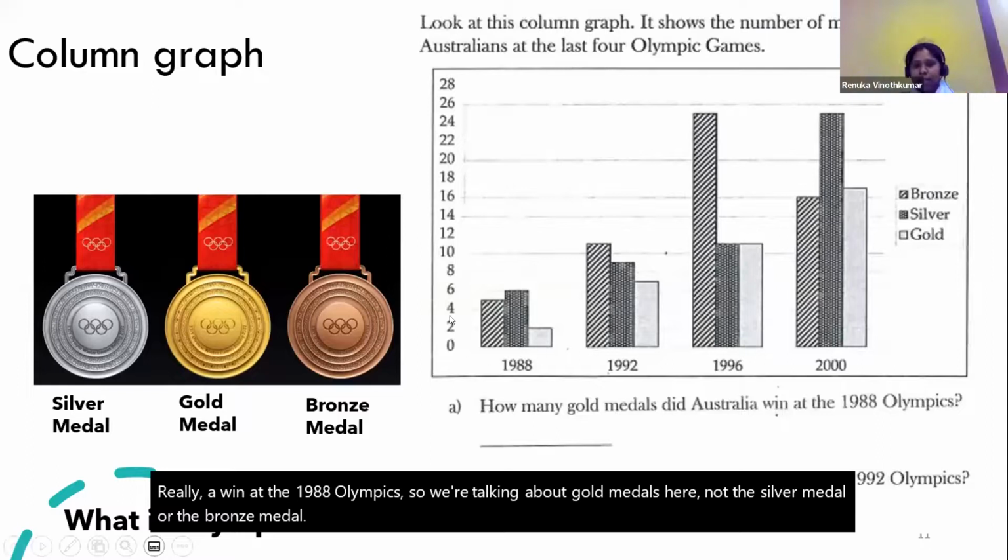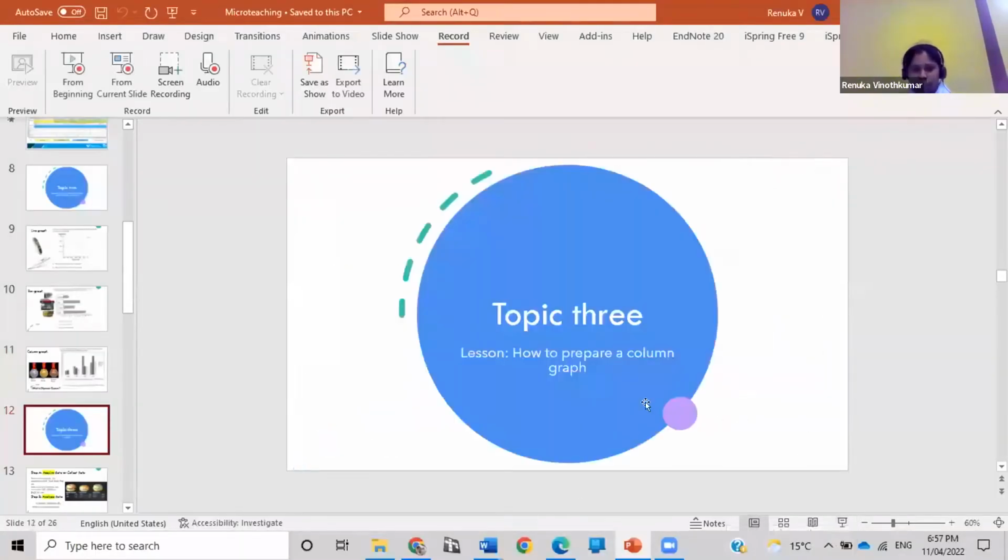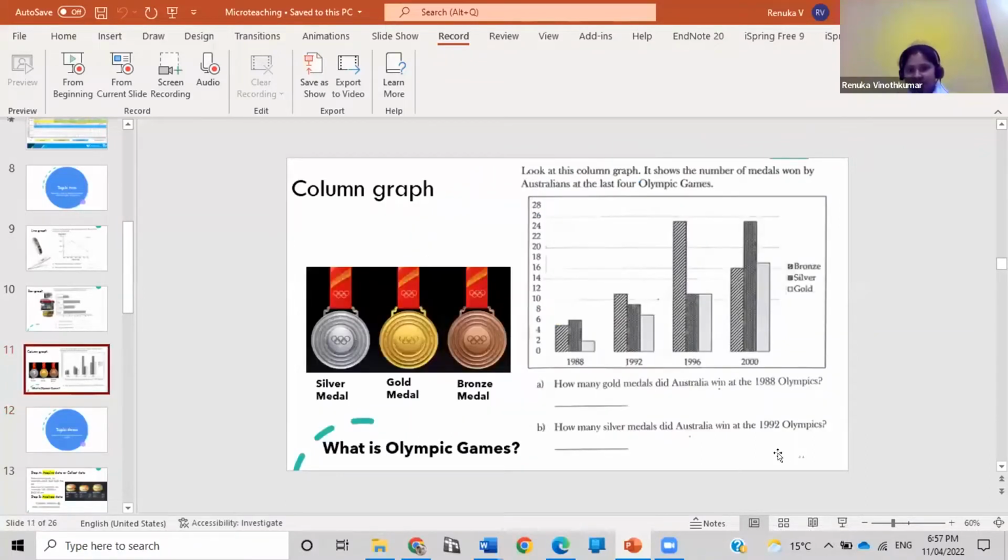Yeah, that's right. So you look at this part of the graph and choose the gold medal column. That's right. What is our second question? How many silver medals did Australia win at the 1992 Olympics? 8. Yes, that's right.